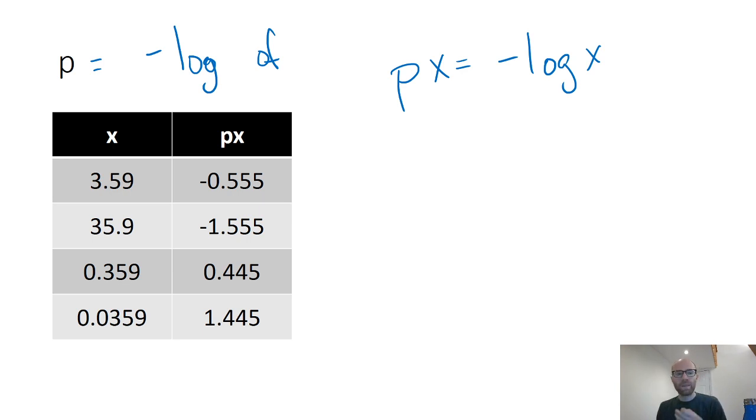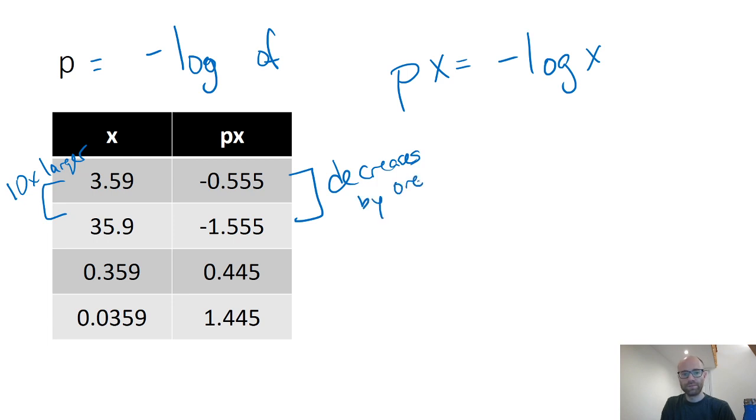So, looking at the same x values for the first two columns, we notice that if the x value gets 10 times larger, the pX value decreases by 1. If the x value gets 10 times smaller, the p value increases by 1.